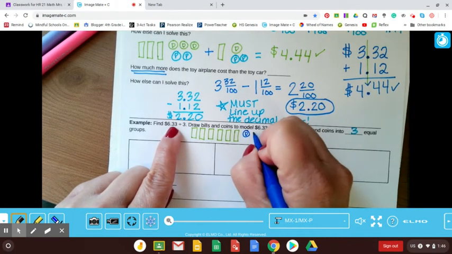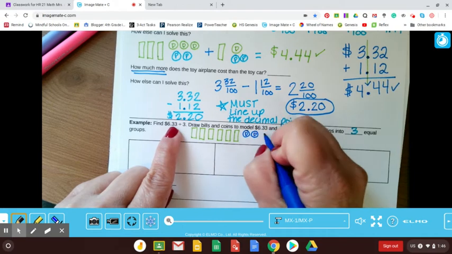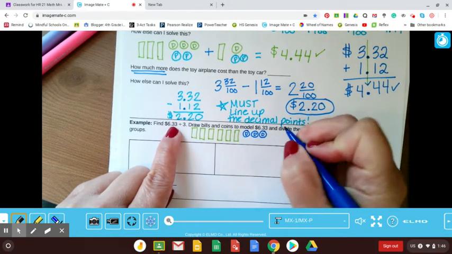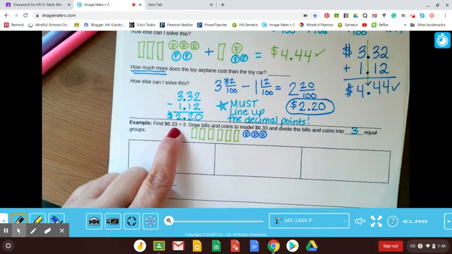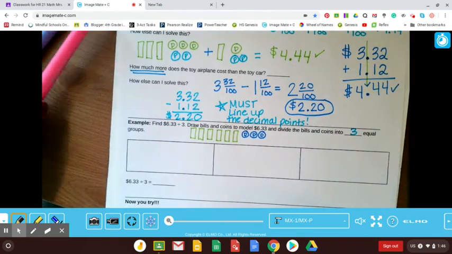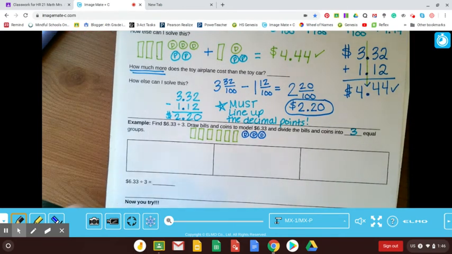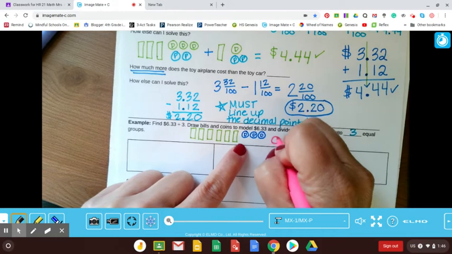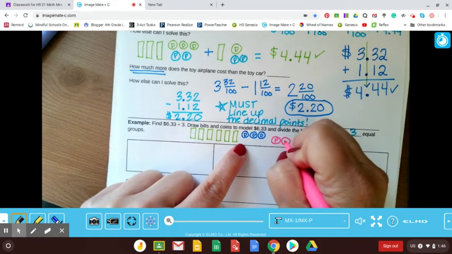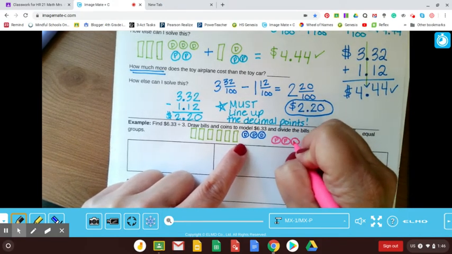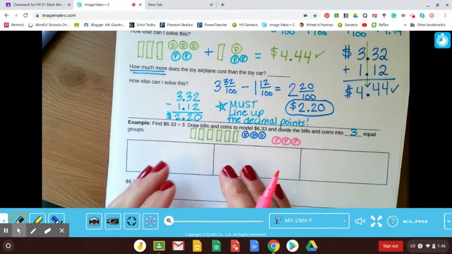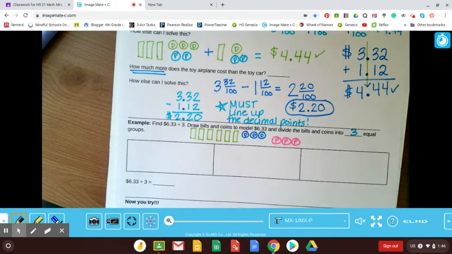So a circle with a D in it, a circle with a D in it, a circle with a D in it. That's 30 cents. And then I have some pennies, 3 pennies. So I have a circle with a P, another circle with a P, and another circle with a P.